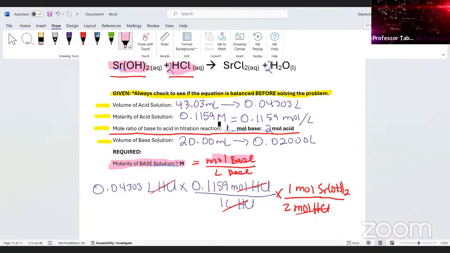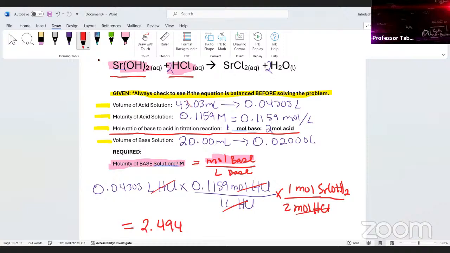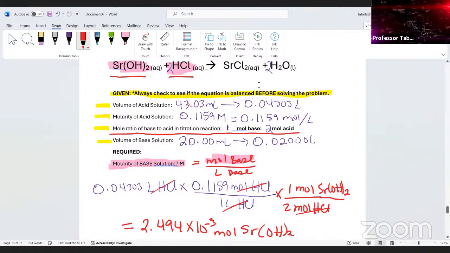And that gives me 2.494 times 10 to the negative third power. When I multiply all of this across, I get 2.494 times 10 to the negative third moles of strontium hydroxide. That is my base.